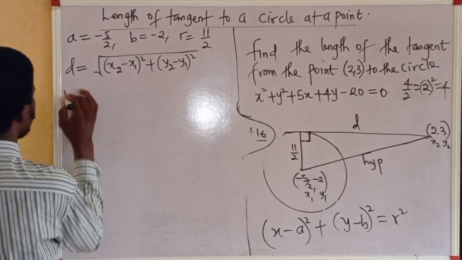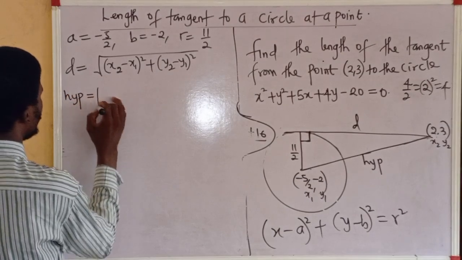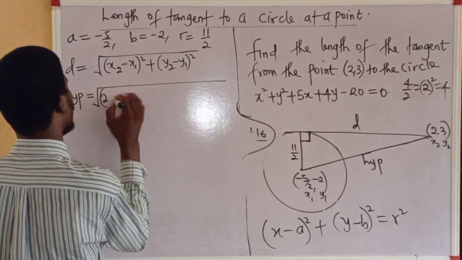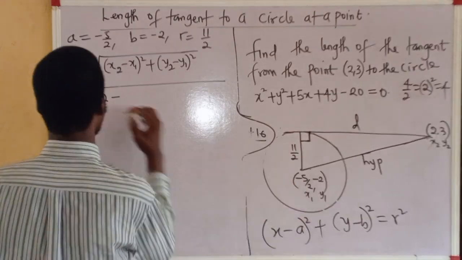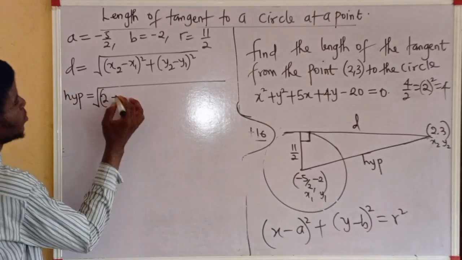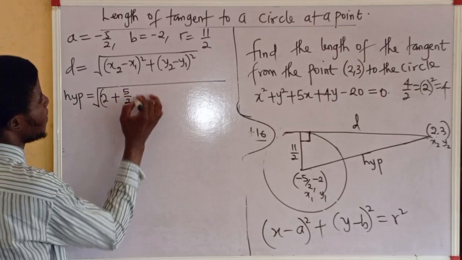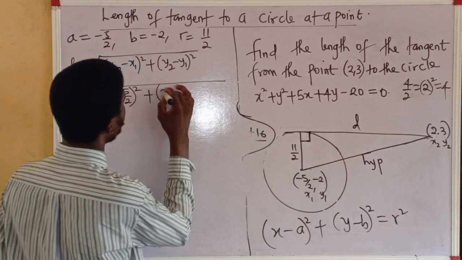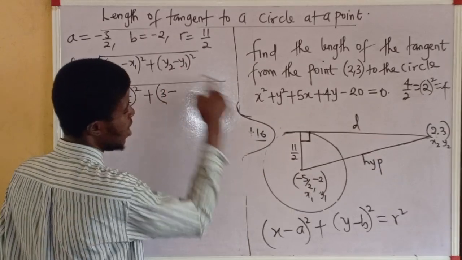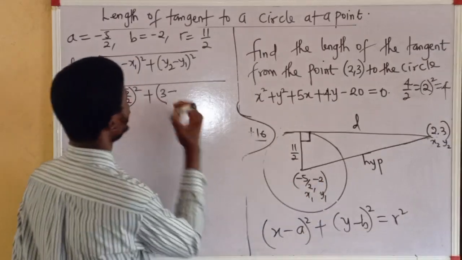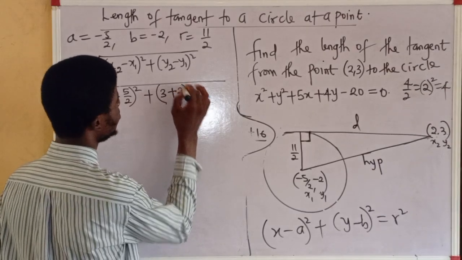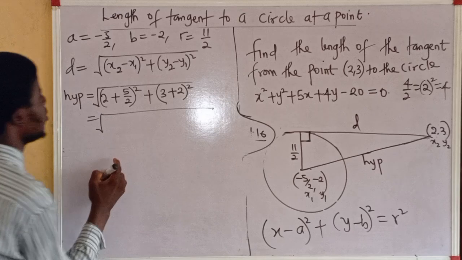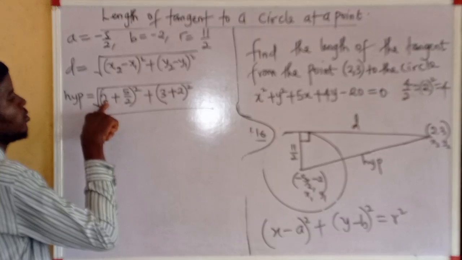The distance here now, which is the hypotenuse, is equal to x2, which is 2, minus x1, which is minus 5 over 2. So that will give us plus 5 over 2, all squared, plus y2, which is 3, then minus y1. y1 is minus 2. So the minuses will combine to give a plus, all squared. Okay, 2 times 2 is 4, alright?